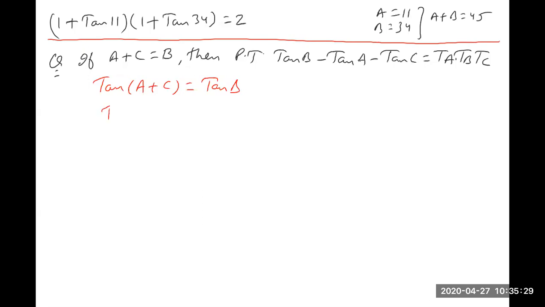Tan A plus tan C upon 1 minus tan A tan C is equal to tan B.